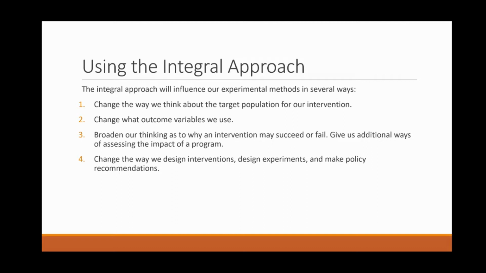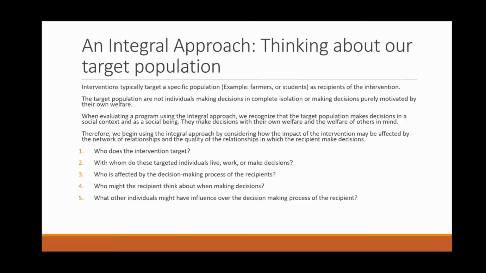Okay, so that underpins the way in which we view the agents that participate in our study or are the recipients of our intervention, and therefore it influences everything about the way that we do impact evaluation and designing interventions, experiments, and making policy. All right, so then let's go deeper and let's see how it does that.